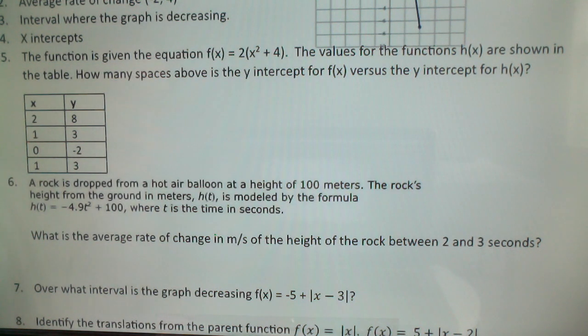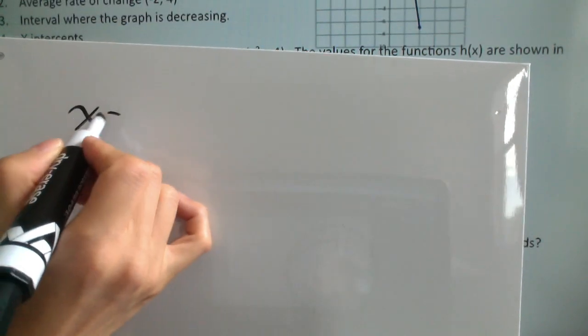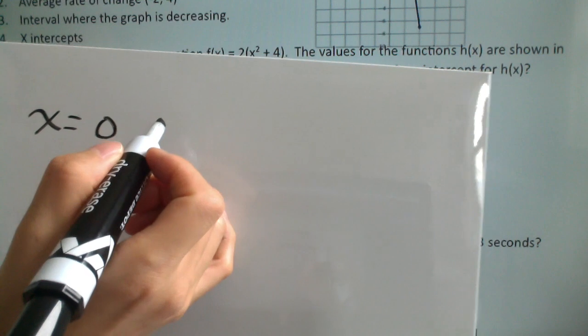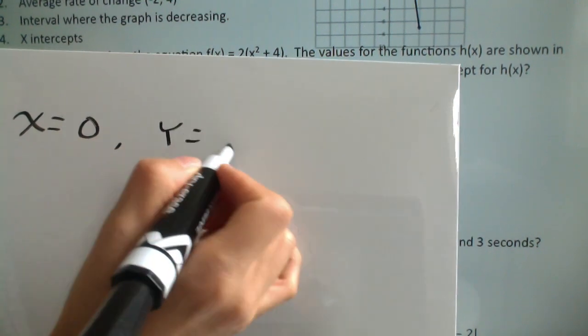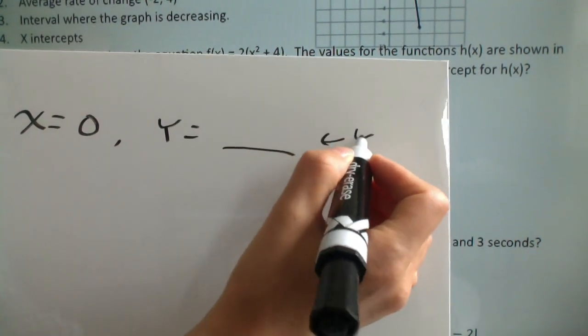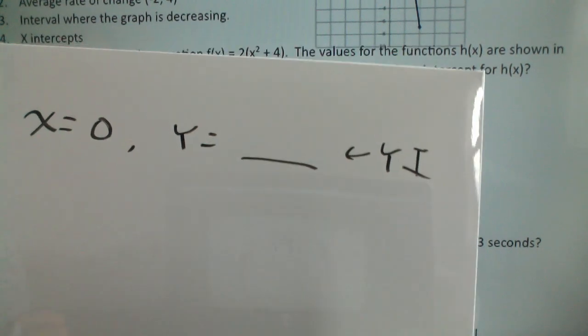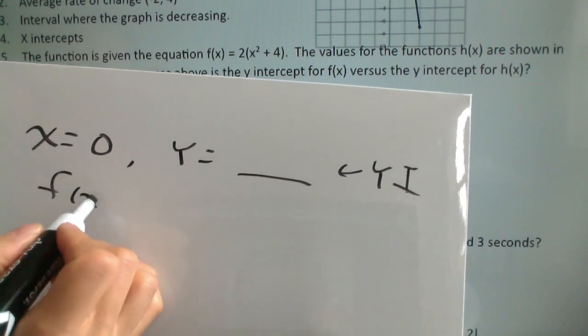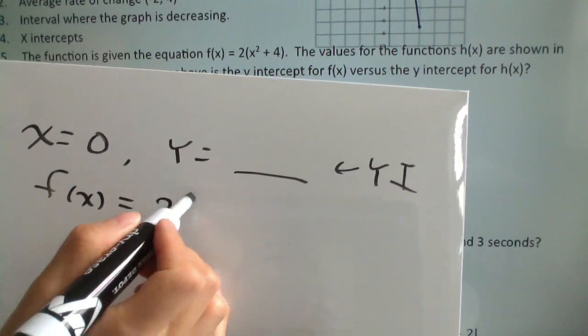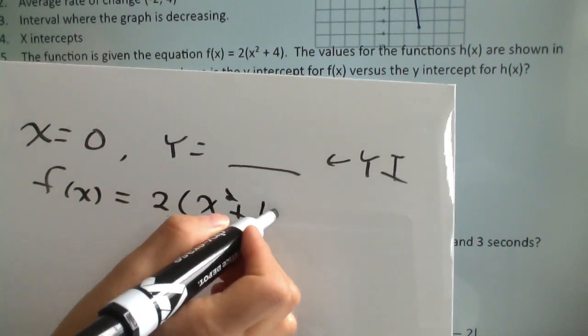So let's find the y-intercept. How do we find it? Y-intercept means you have to put the x value 0, and then you find out y. That will be the y-intercept. Okay, so f(x) is 2x squared plus 4.